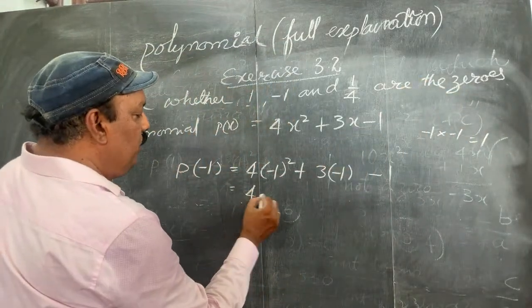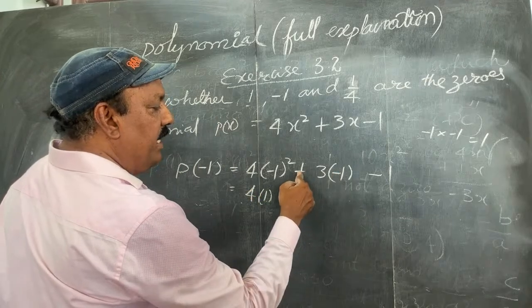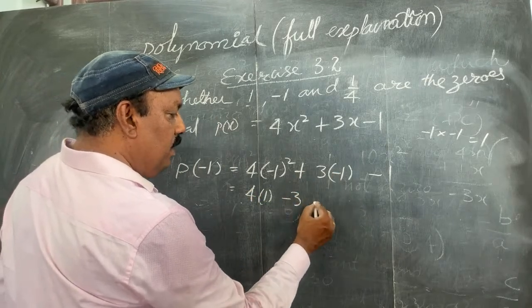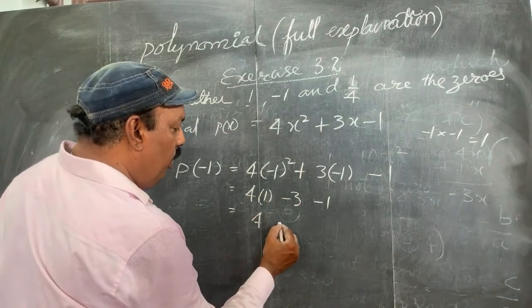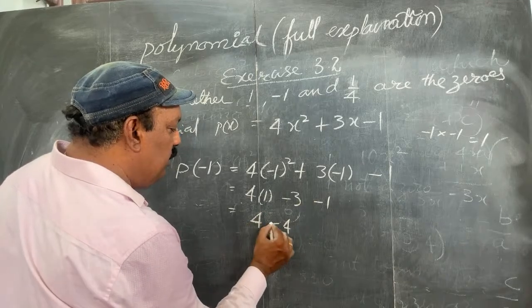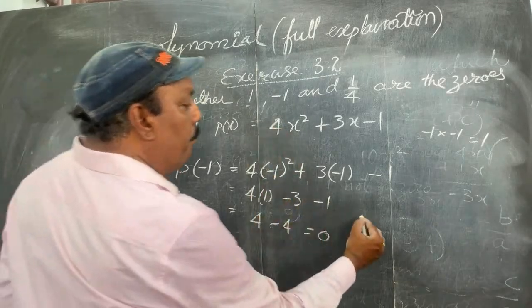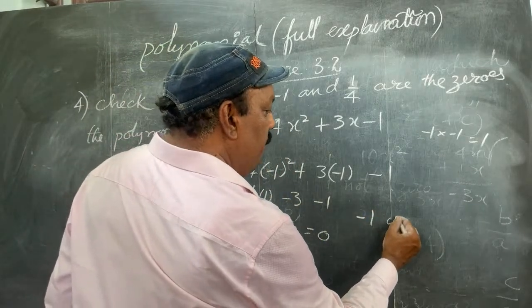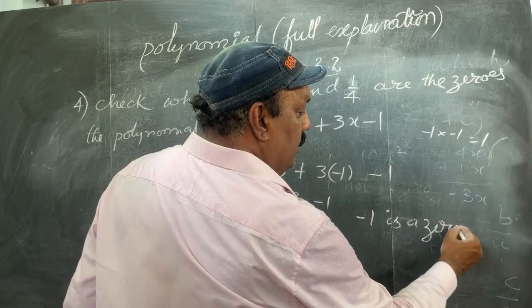So 4 into 1, minus 1, and plus 3 into minus 1 you will get minus 3. Now 4 into 1 is 4, and minus 3 and minus 1 is minus 4, and 4 minus 4 we got here. 4 minus 4 means 0. Therefore minus 1 is a zero of this polynomial.